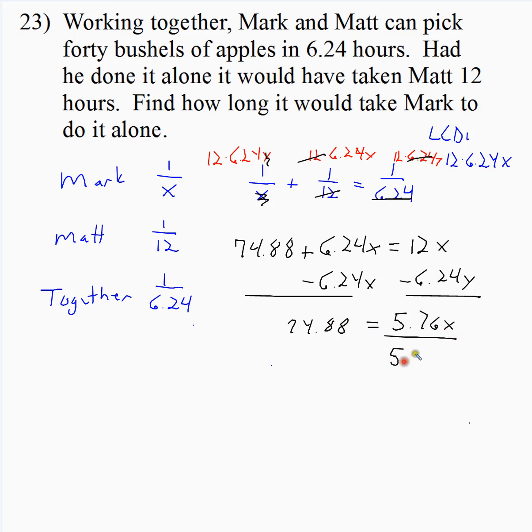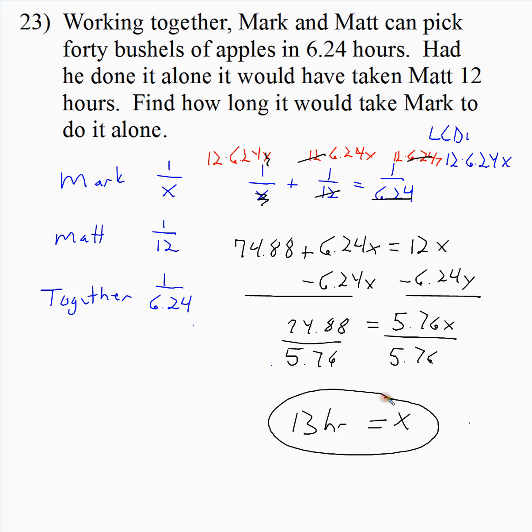Divide both sides by 5.76 to get x by itself. And we get x is equal to 13, which means it would take Mark 13 hours to pick all the bushels, the 40 bushels. And that's how you solve those.